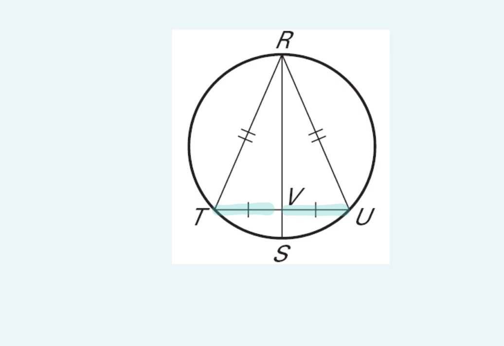If those are congruent and perpendicular, right? So we need it to be the perpendicular bisector. So we know it's the bisector already because TS equals VU, right? That part's done. How do I show that that's perpendicular?